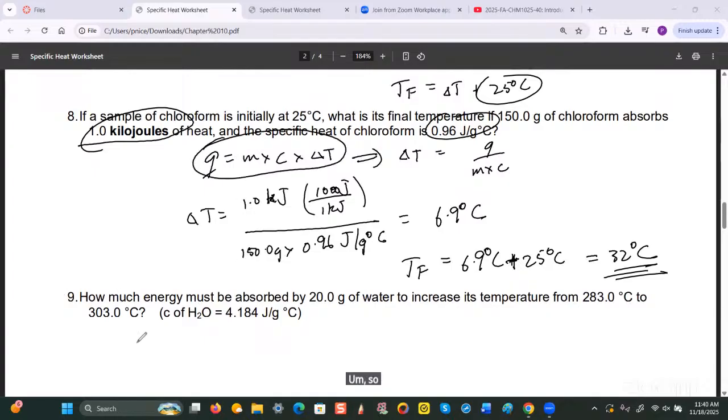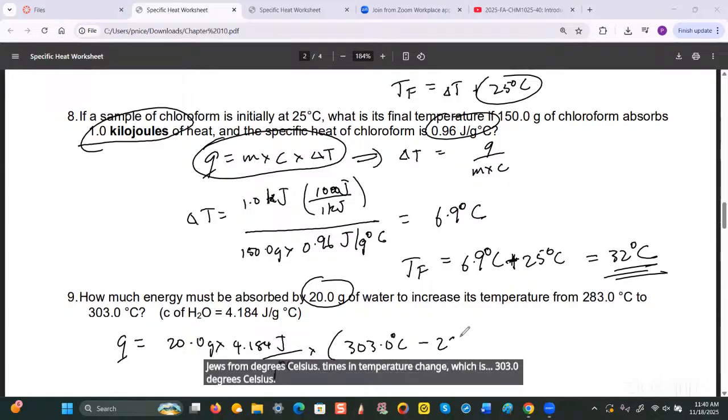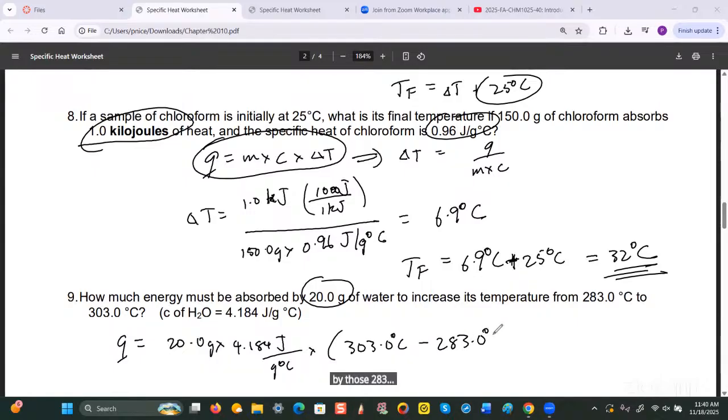So Q in this case will be equal to M, which is 20.0 grams, times C, which is 4.184 joules per gram degree Celsius, times the temperature change, which is 303.0 degrees Celsius minus 283.0 degrees Celsius.